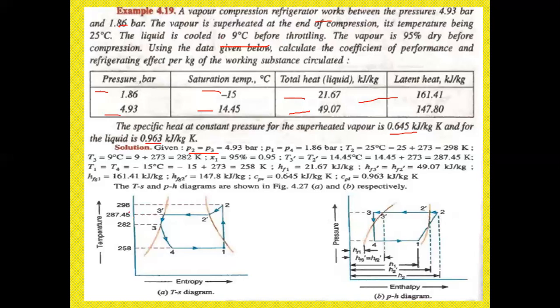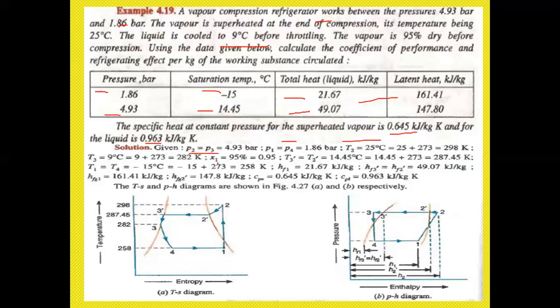Here P2 is equal to P3, that is 4.93 into 10 to the power of 5 Newton per square metre. Next, P1 is equal to P4, that is 1.86 bar, T2 is 25 degrees, and T3 is 9 degrees.